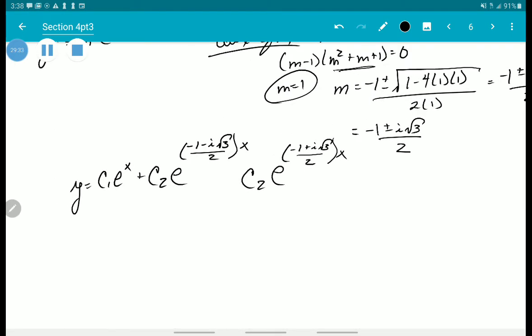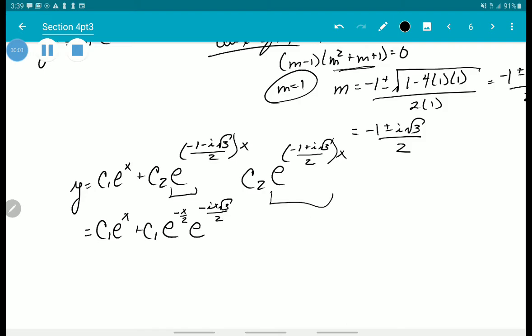So now we're going to have to use Euler's formula on these 2 pieces in order to simplify. And this guy's going to simplify quite a bit. Before I apply Euler's formula, I want to rewrite those exponents. So we're going to have e to the negative x over 2 and then e to the negative ix square root of 3 over 2.